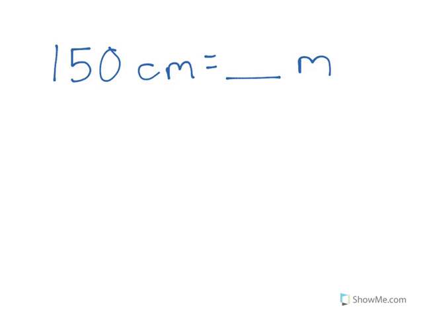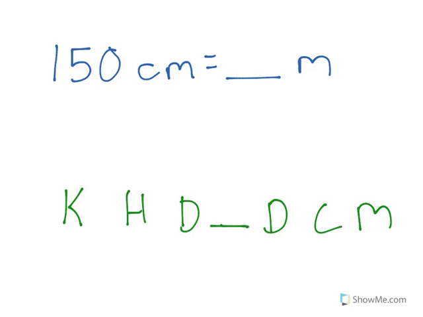So let's say we have 150 centimeters and we're trying to get to meters. Again, I start by writing King Henry died drinking chocolate milk. And there's my base. The first thing I'm going to do is put 150. This one's a little bit trickier. Remember that we are trying to get to meters and we are starting at centimeters.